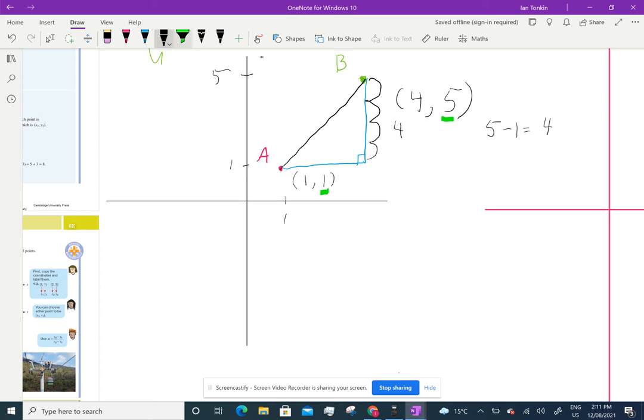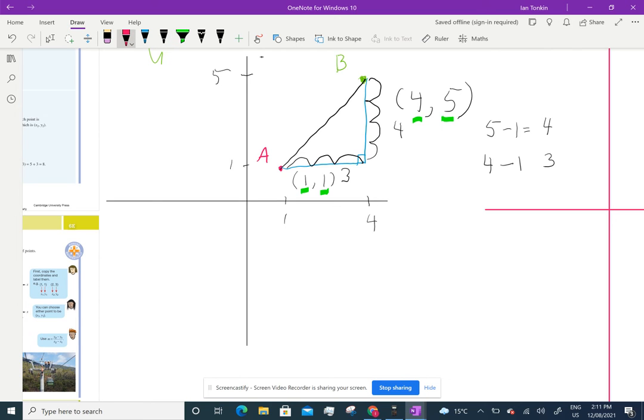What about going across? Well, these numbers tell me about going across. And again, this one started at 1 and it goes all the way across to 4. So 1 to 2, 3, 4. So it's 3. But an easier way would have been to go 4 minus 1 is 3.